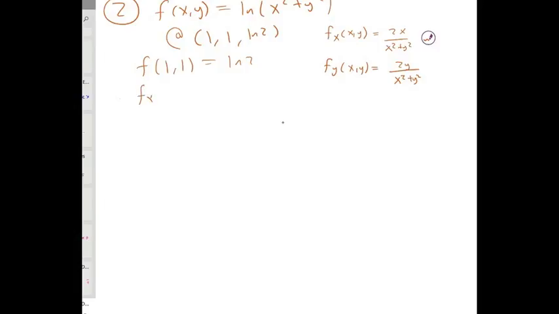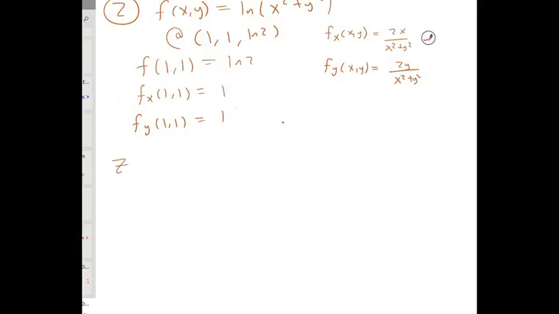So our fx of 1, 1 is 2 times 1 over 1 squared plus 1 squared, which is 2 over 2, which is just 1. And the same thing happens for the y derivative. It's going to be 2 over 2, so we get 1 again.